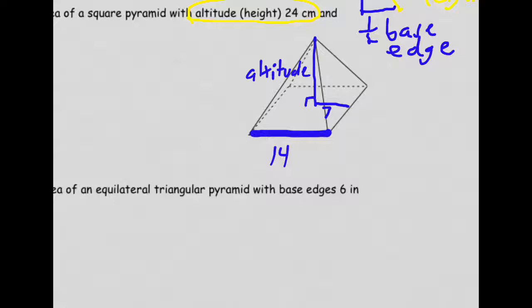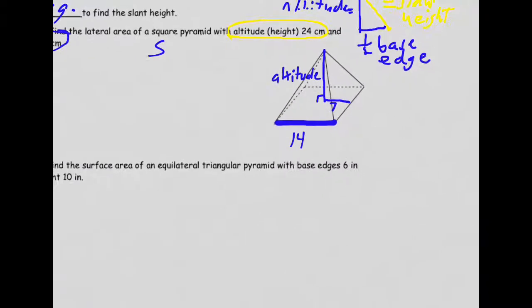But remember, we're asking for the lateral area here, so the lateral surface area equals the perimeter times the slant height, that's L, all over 2. So we still don't know what the slant height is.